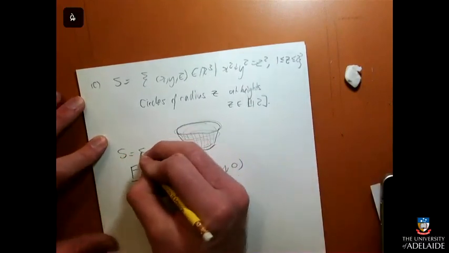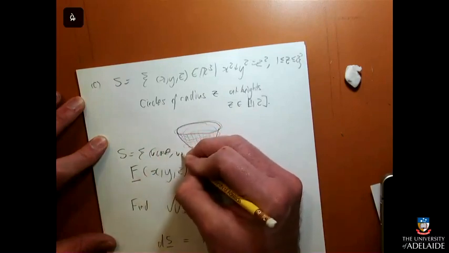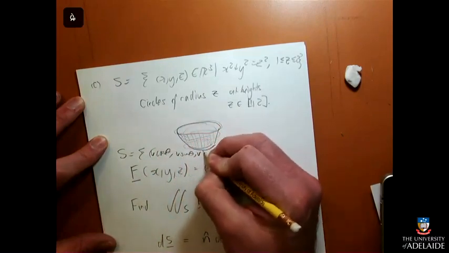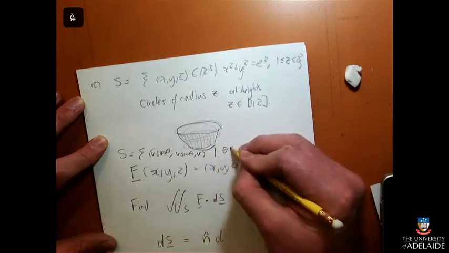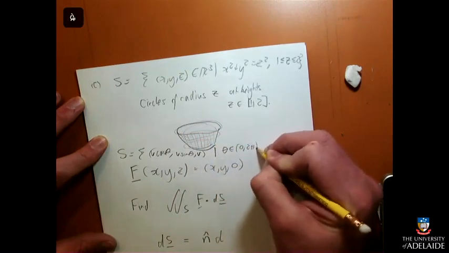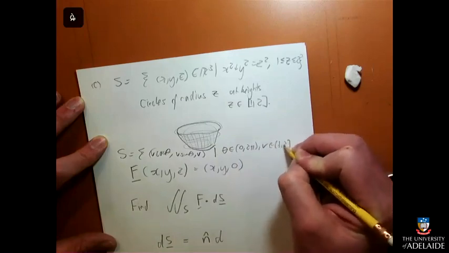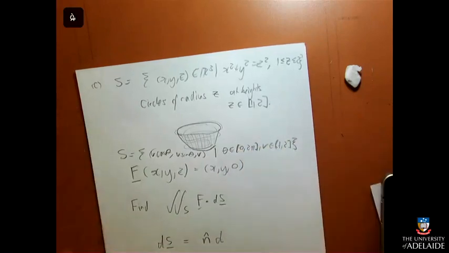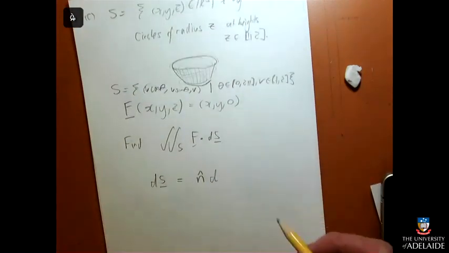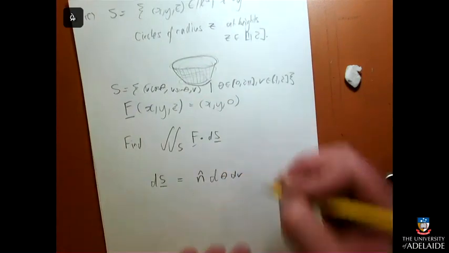S is also equal to that, where theta is in 0 to 2 pi, v is in 1 to 2. So this is going to be d theta dv.